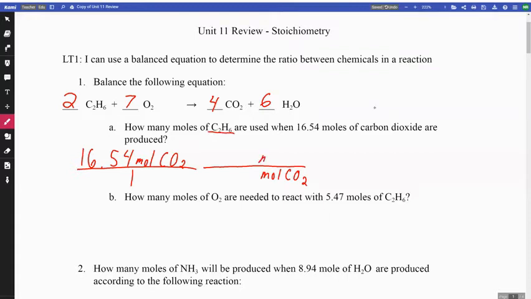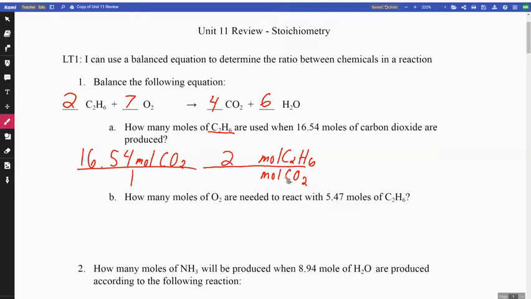We are converting to moles of C2H6, so we want moles of C2H6 on top. Now, since we have our conversion factor with moles on top and moles on bottom, that means this is our mole ratio. For our mole ratio, we use the coefficients from our equation, which is why it's important to have a balanced equation. So our coefficient for C2H6 is 2.